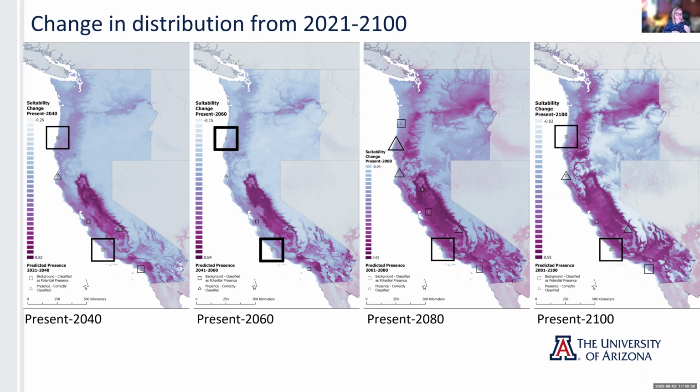And those are shown in the squares and the triangles. Also, the maps include the locations and abundance of those predicted presence points as graduated symbols. So each symbol is a representation of its relative abundance in that location.